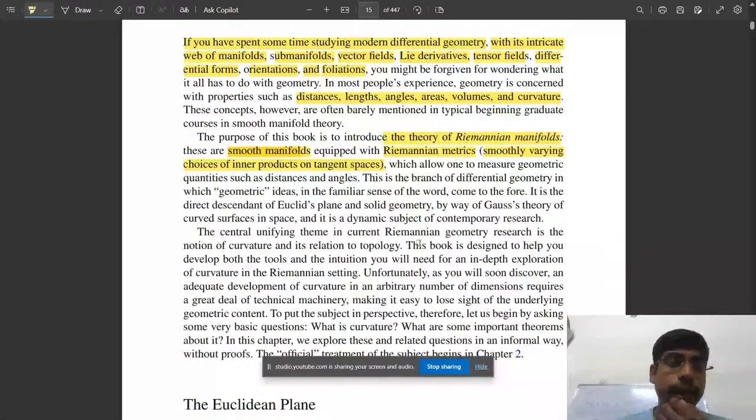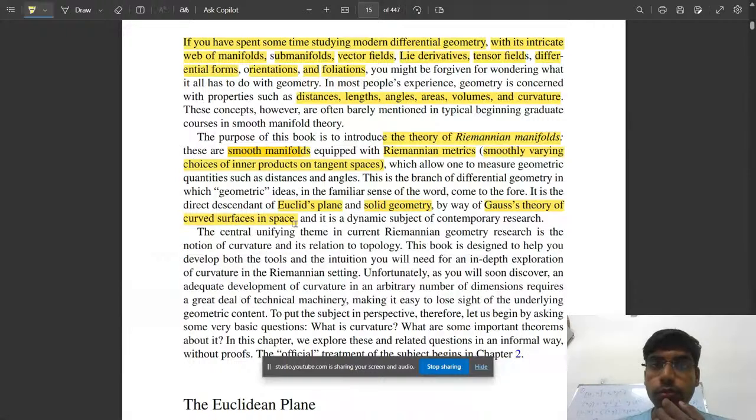It is the direct descendant of Euclid's plane and solid geometry, by way of Gauss's theory of curved surfaces in space. Okay, so let's summarize: here we are dealing with Euclidean plane and solid geometry.